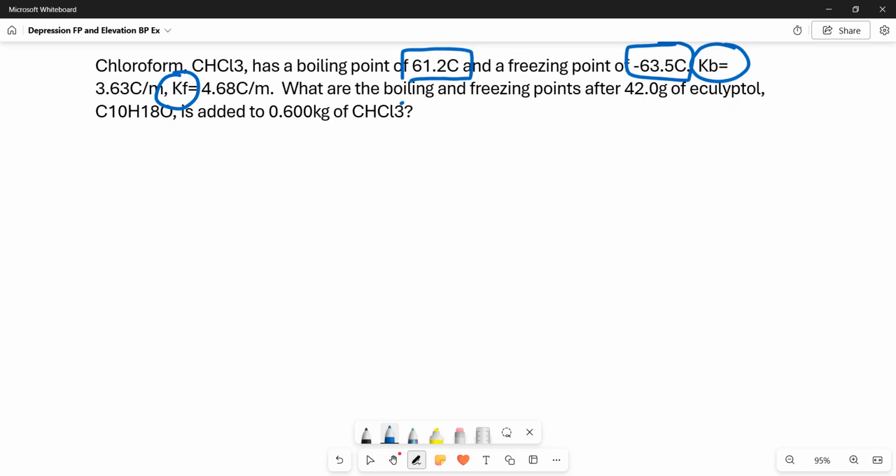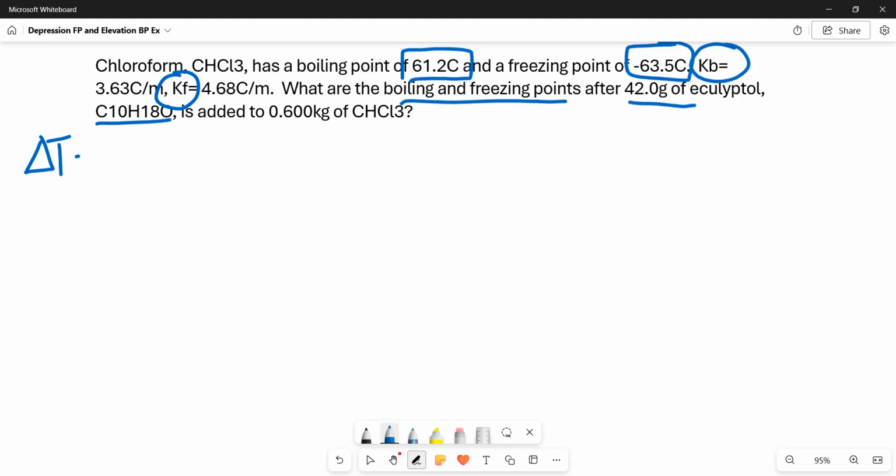What are the boiling point and the freezing point after 42 grams of the, I can't pronounce that, you can see it's an organic compound, is added to 0.6 kilograms of the chloroform? Okay, so we're going to be using these formulas.